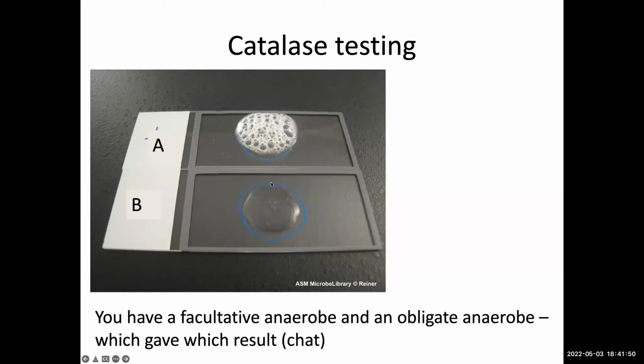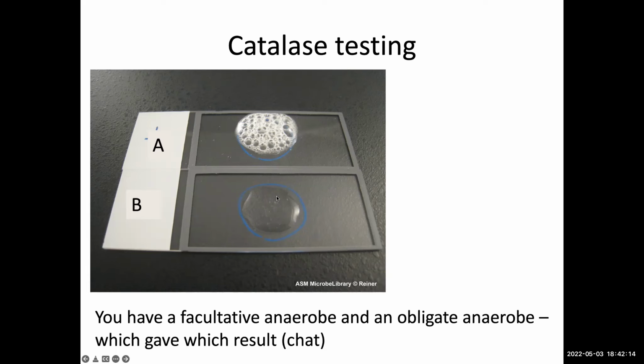And catalase uses hydrogen peroxide and makes oxygen bubbles in water. So which of these has the catalase enzyme in it, A or B? Right. Obviously A does and B does not.